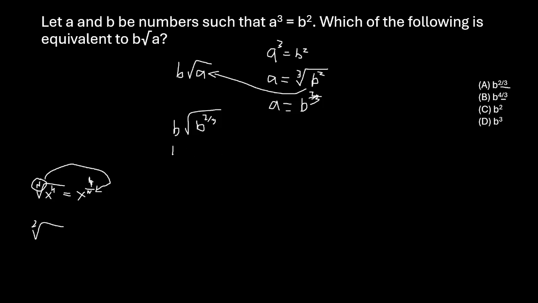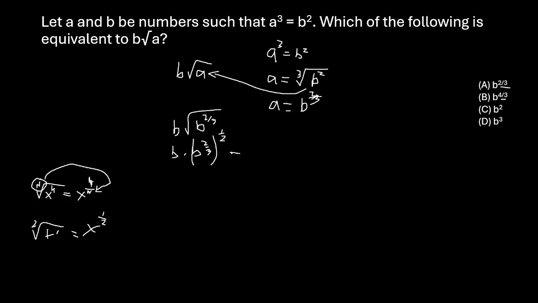So this equals b times b to the 2/3 power raised to the 1/2 power, because you just take the 2 and put it in the denominator, because the power is just 1 here, x to the 1.